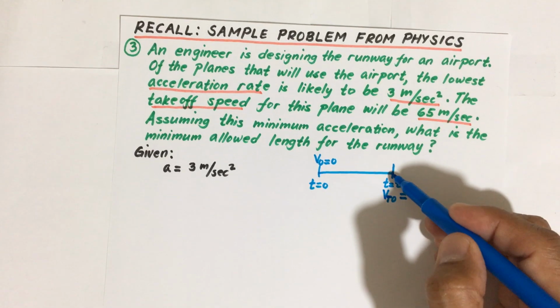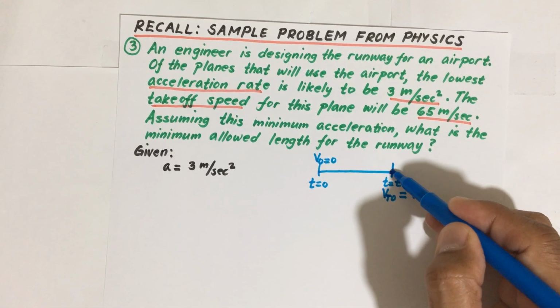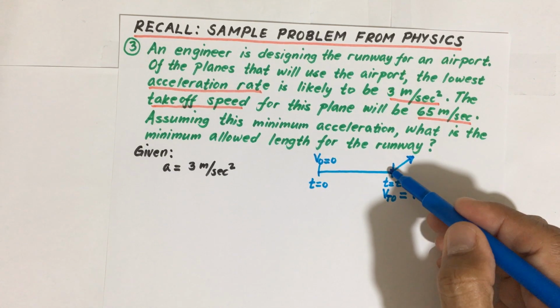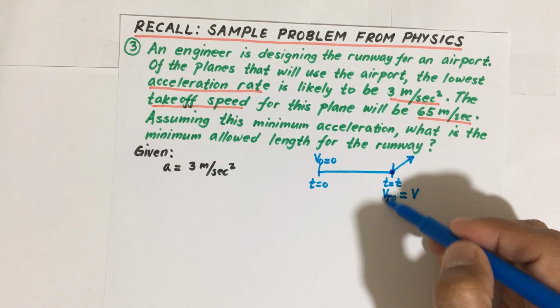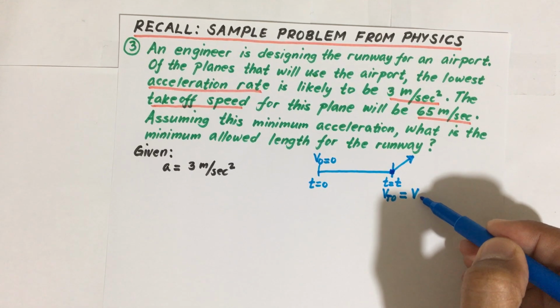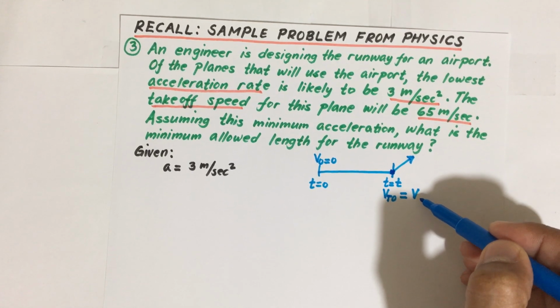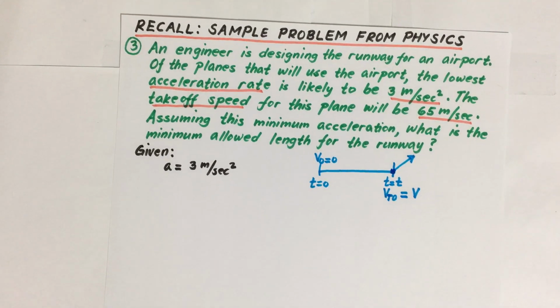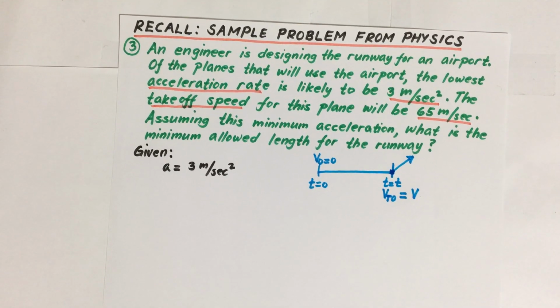So at this point where the plane starts flying, the takeoff velocity is equal to V, which is the final velocity when the plane takes off. Alright, so we have to analyze this problem that way.